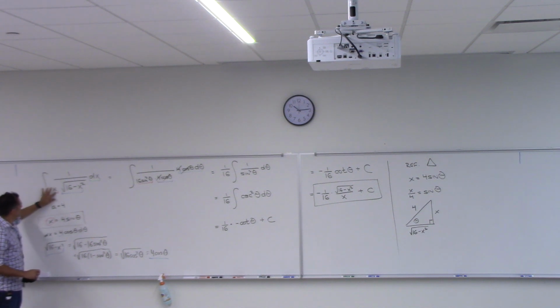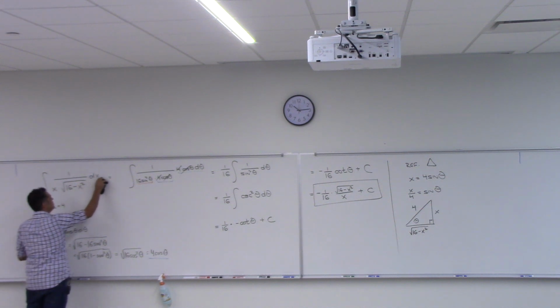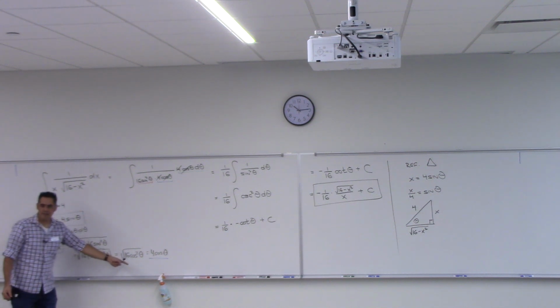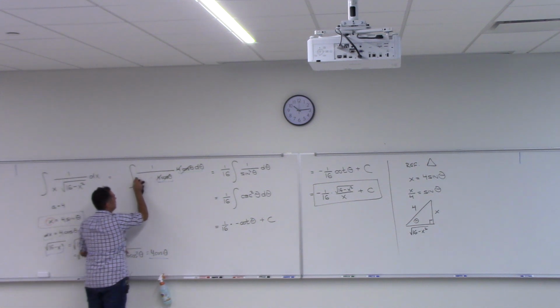Let's get rid of some of these colors. If that was just x, I would still say a is 4. I would still let this be my substitution. I would still say that's the derivative. I would still say the square root turns out to be that. The difference would come right here. Let's redo this.